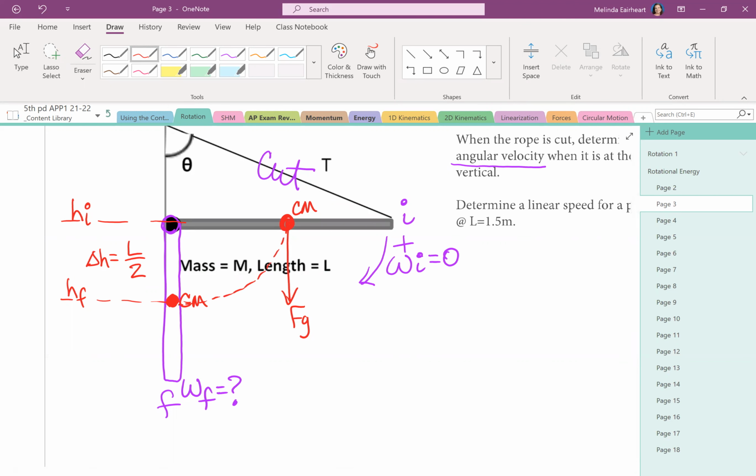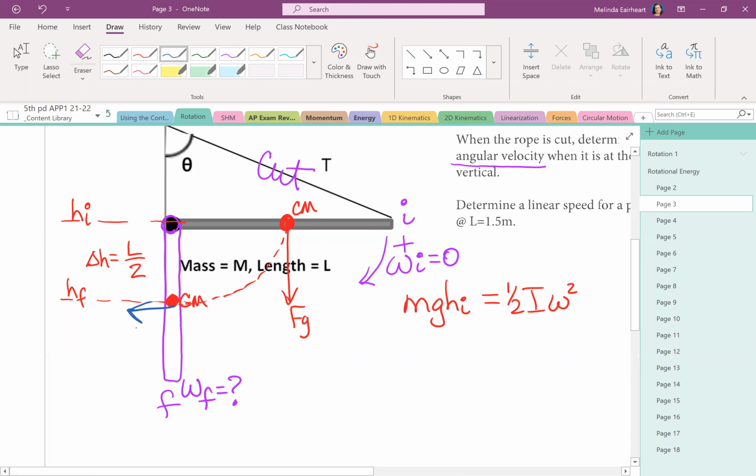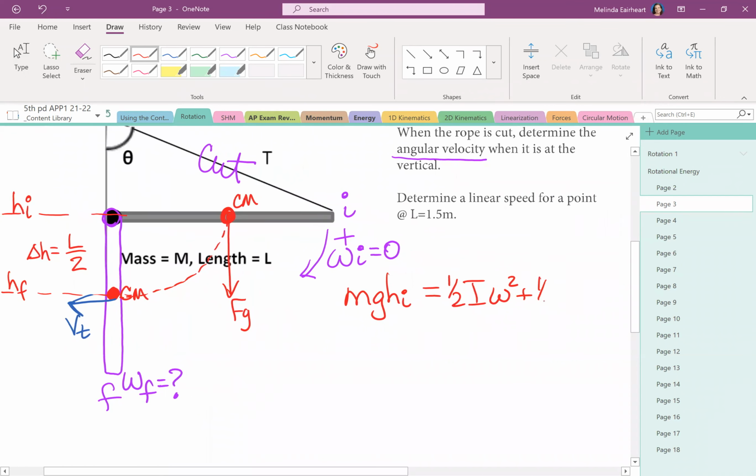Well, up there when it's straight horizontal, no initial velocities of any kind, it has potential energy, mgh, equals, well, as it rotates and falls downward, it's going to rotate, so 1/2 I omega squared, but it still has a tangent velocity. Don't forget, you have a tangent linear speed to the circular path. So we're still going to write that translational 1/2 mv squared.